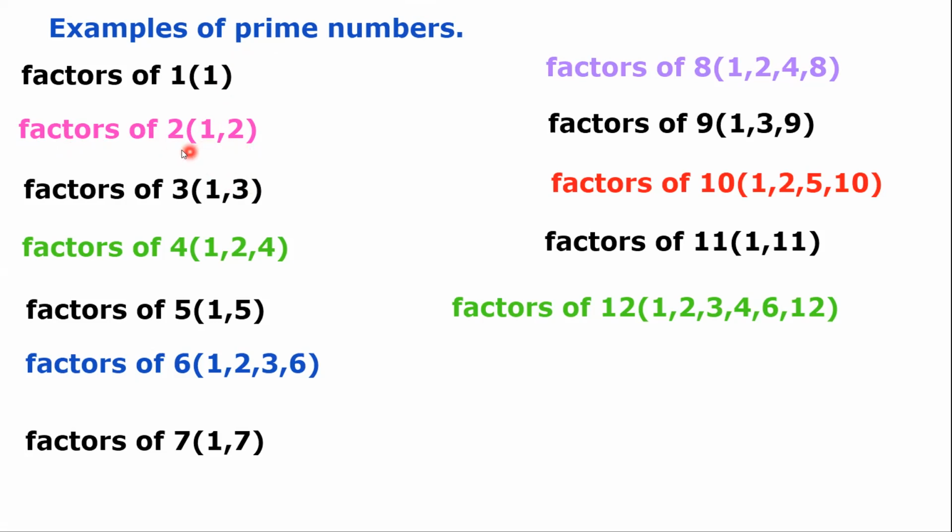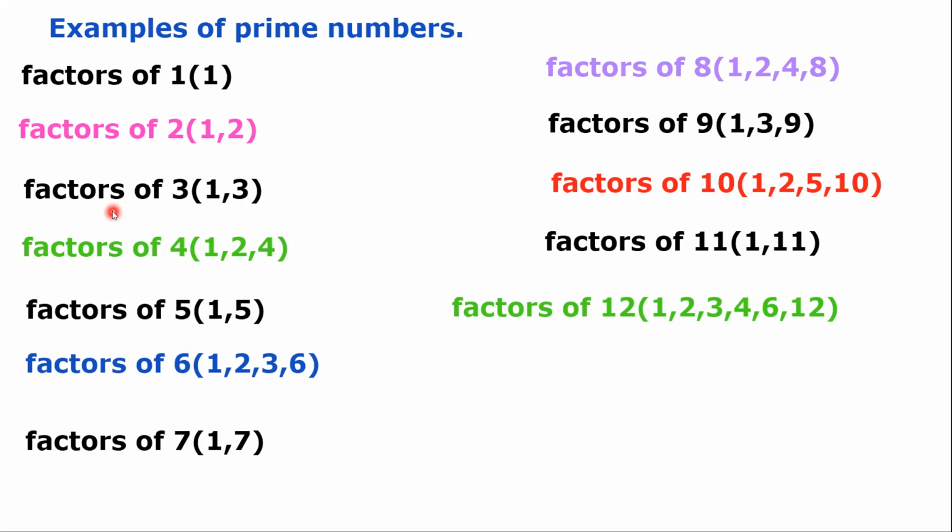So as a prime number, it has only 2 factors. Now we have 2 factors here, 1 and 2, the 1 here and the 2 itself over here. So the number 2 is a prime number.